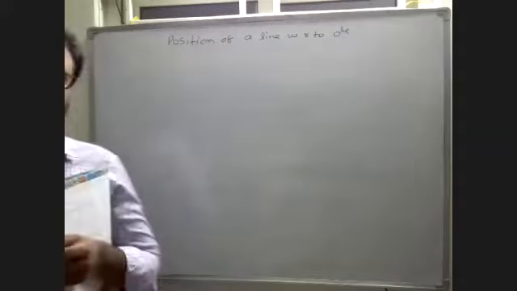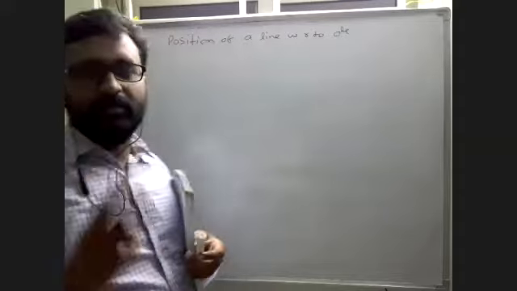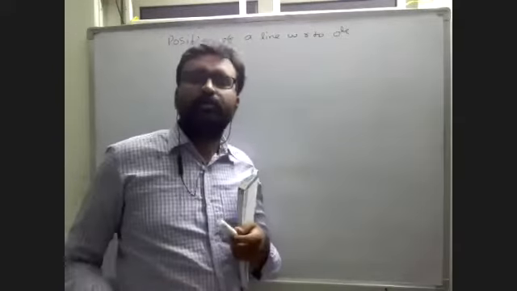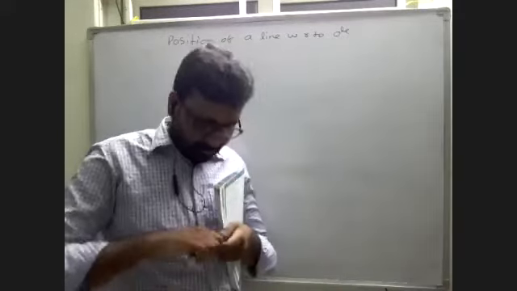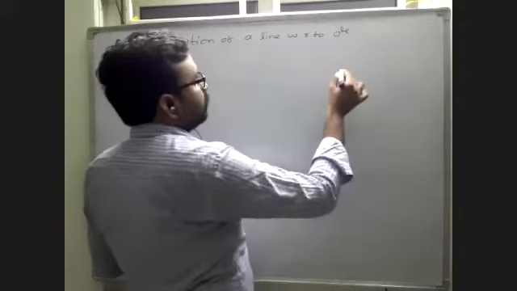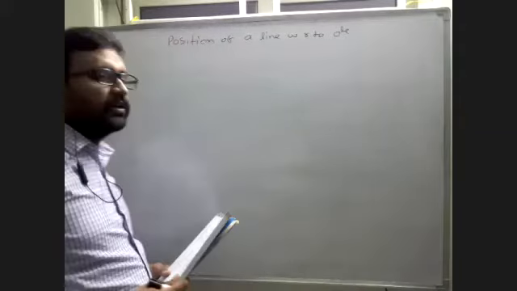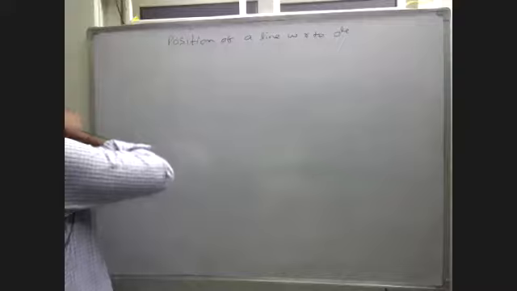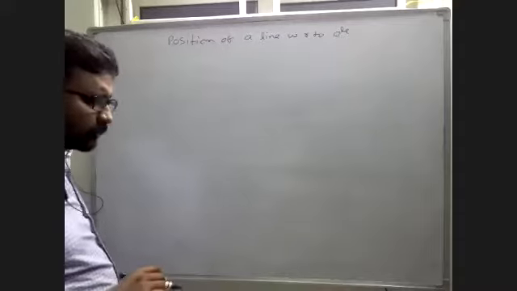Position of a circle with respect to the line. So here also there exist three positions of a line with respect to a circle.